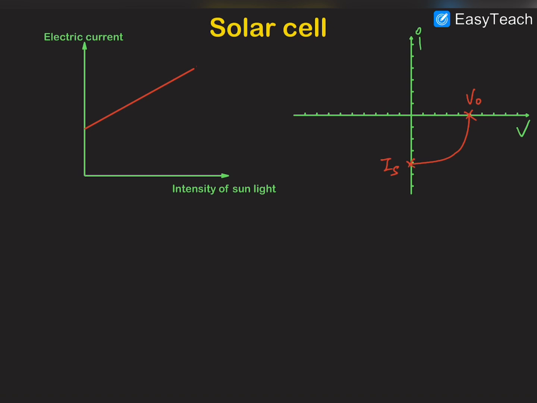And if we draw a VI characteristics graph, this V is the voltage across the solar cell. This is not the applied voltage, and this is not the biasing voltage. So this is V, and this is I, the current flowing through the load resistance. This graph is plotted in the fourth quadrant, in which voltage is positive and current is negative, because the current is a reverse current and the voltage is positive, because this is the voltage formed in the diode.